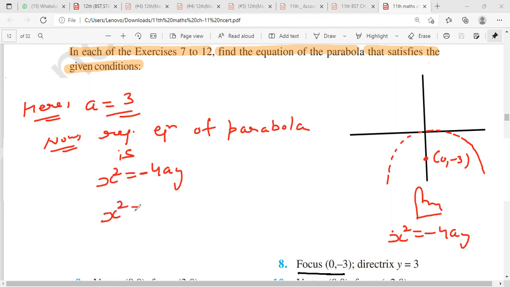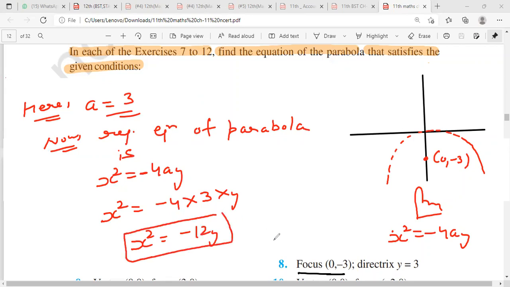So it will be x square is equal to -4, in place of a, we will put 3, into y. So the required answer is x square is equal to -12y. So this is the solution of question number 8.